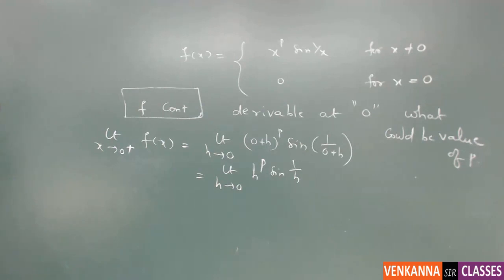Here the question is, for continuity, what is the value of p? For differentiability, what is the value of p? That was the thing. You treat it as two different parts. By combining the two things, we can at a time say that for continuity and differentiability, what is the common value for p?